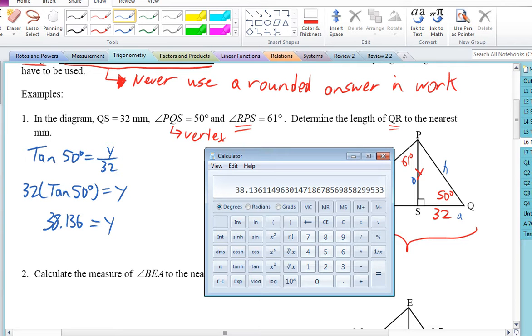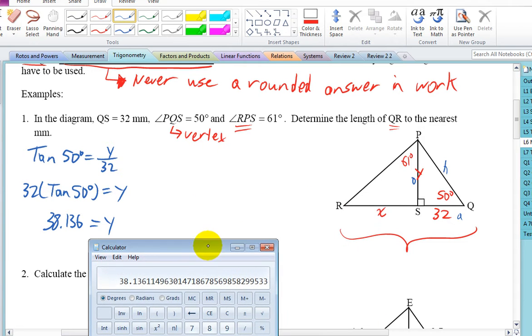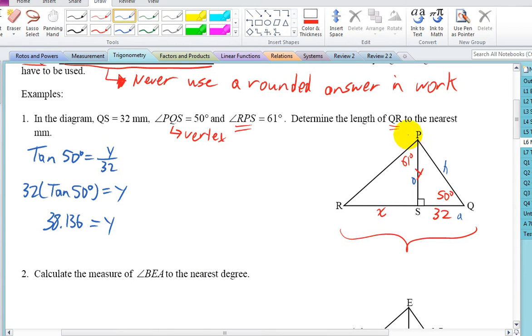Okay, so then what we're going to do is work in the second triangle. In the triangle on the left, label your HOA, keeping in mind y and x. We want to use y and x.